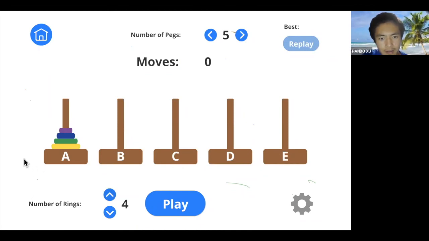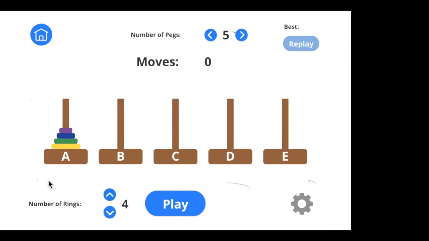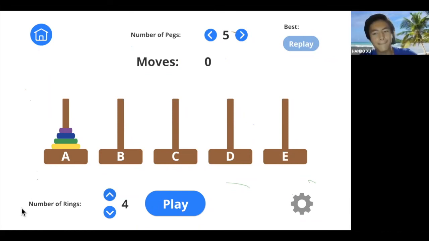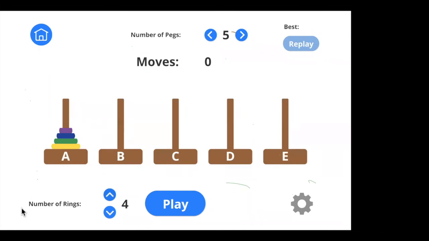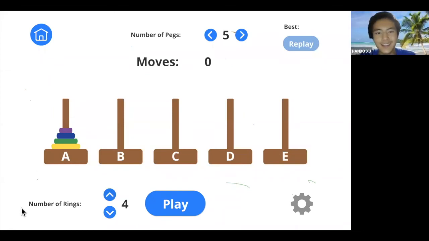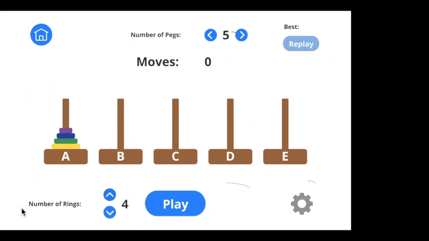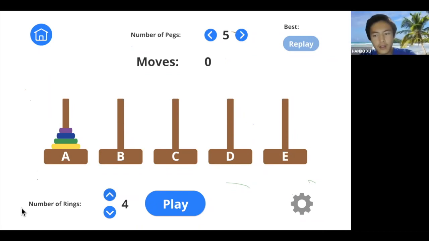Do you want to give it a go? Yeah, she wants to give it a go. I think your audio is kind of lagging. Why don't you type into the chat? Oh, okay. There we go. Okay, you sure, go ahead.